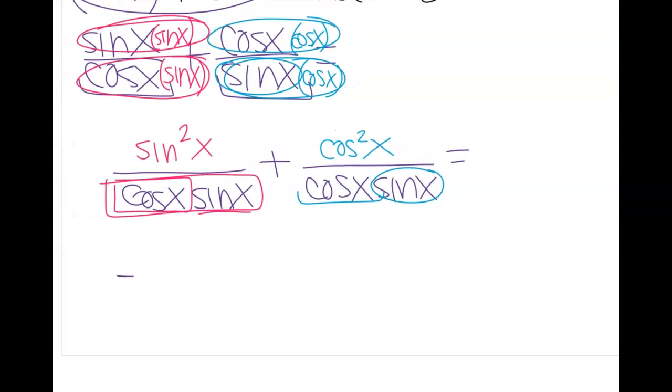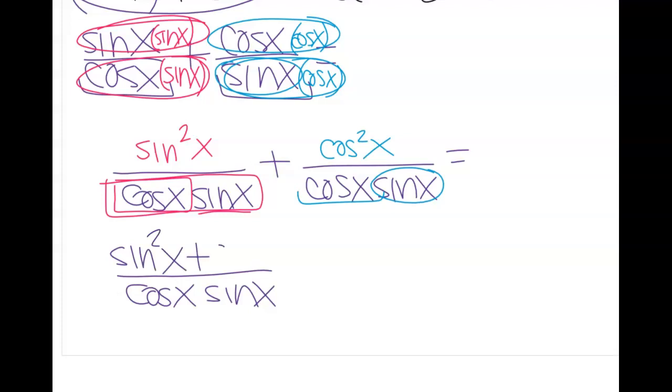So it will be cosine x sine x on the bottom, and then we will write sine square x plus cosine square x. Those are coming from here. We're just combining the two fractions.